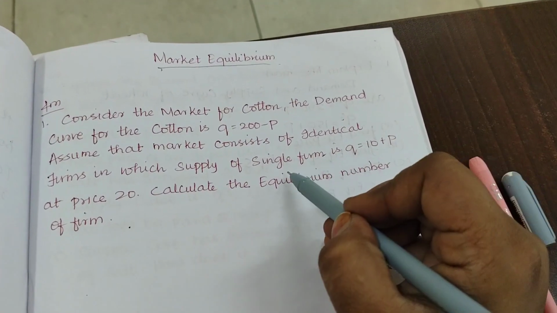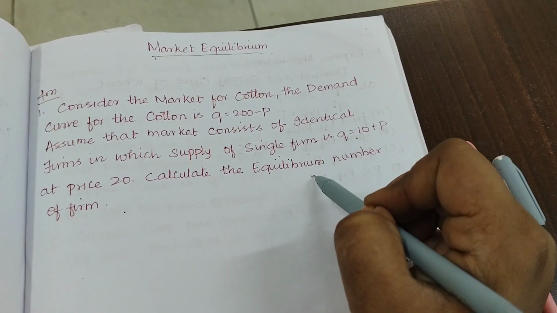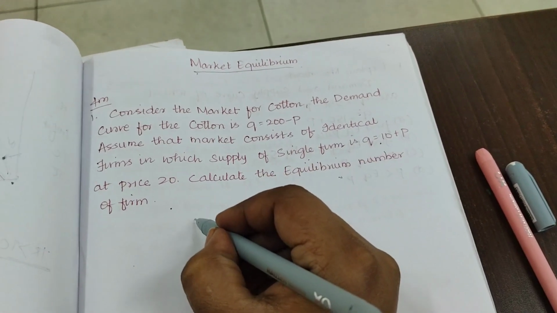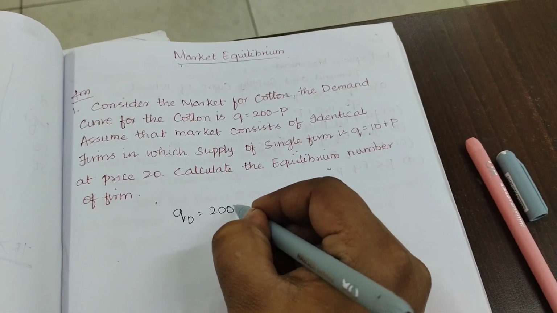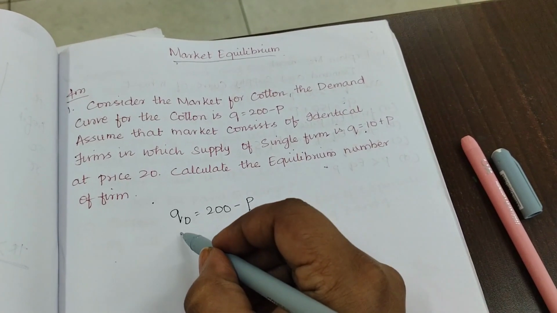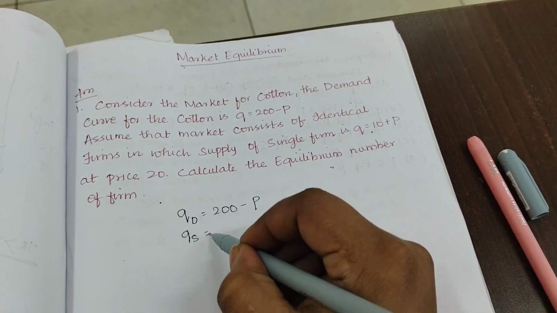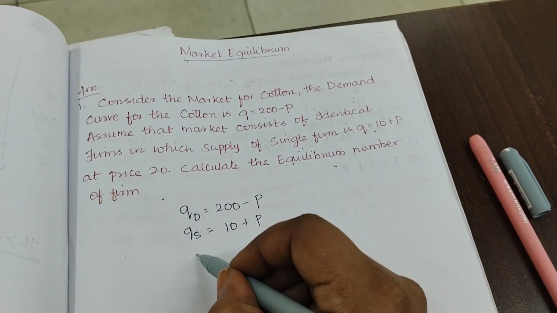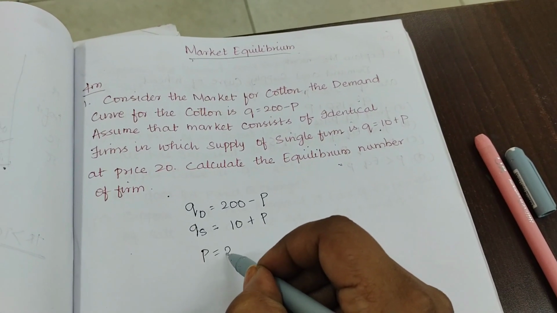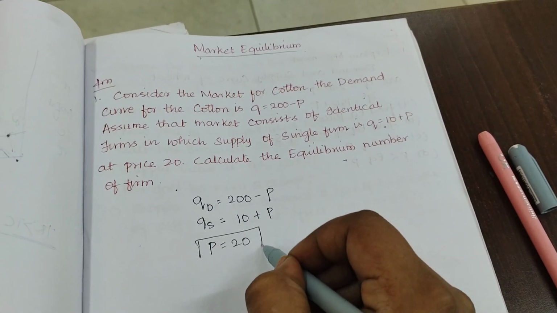So here we have got the supply of a single firm. We need to calculate the number of firms. QD = 200 - P and QS = 10 + P. The equilibrium price is already given as 20.